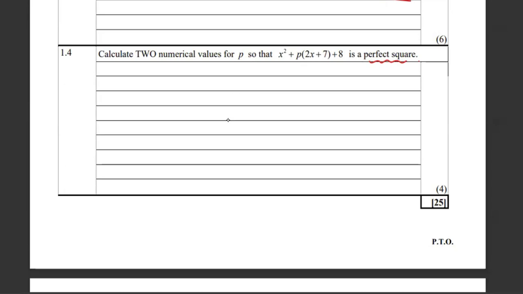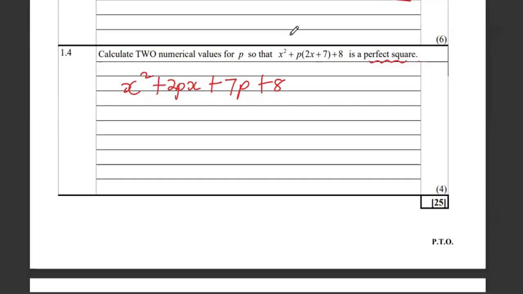Not necessarily, but a square number. So what we're going to do, let's expand this and say that x squared plus 2px plus 7p plus 8.